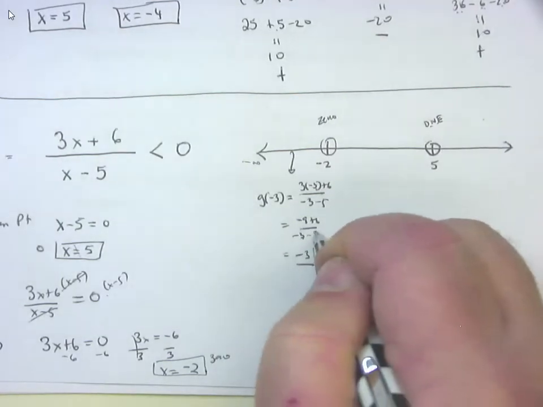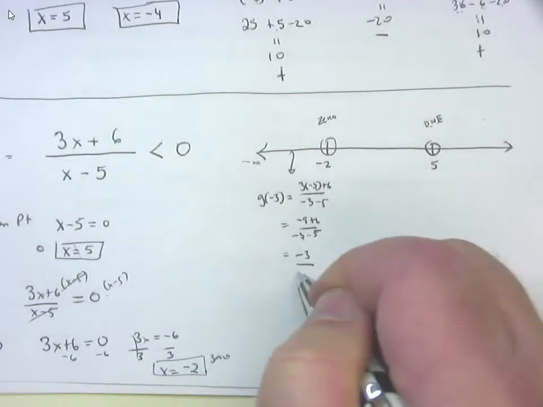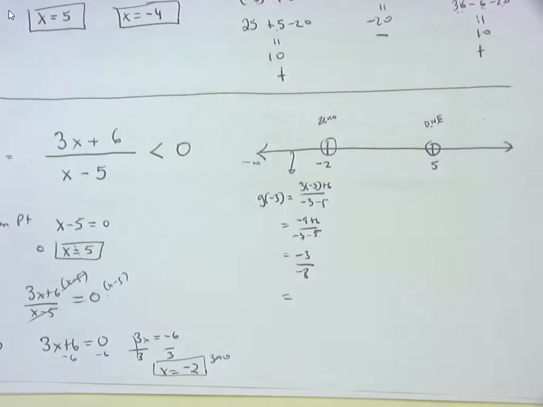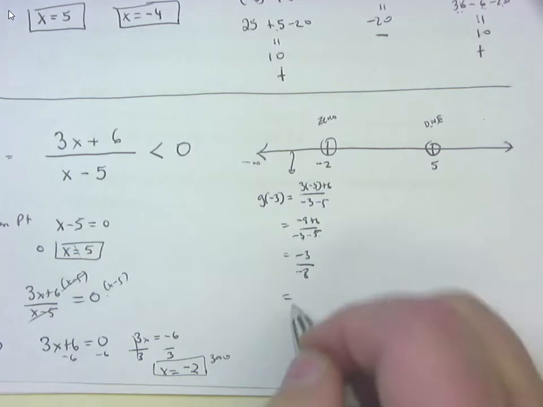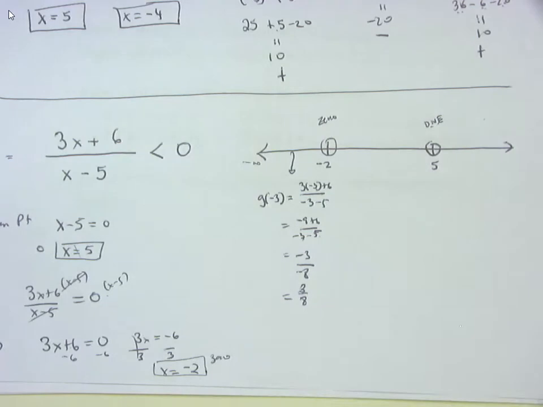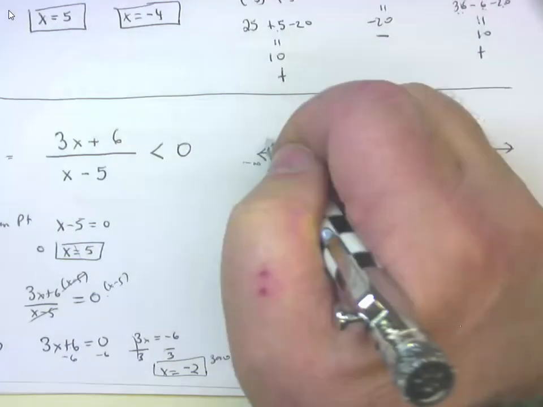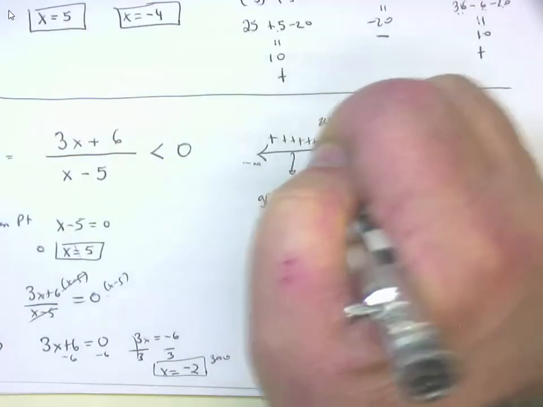Negative 3 minus 5 is negative 8. What is negative 3 divided by negative 8? I don't care what the number is. It's positive, so everybody in that interval is going to be positive.